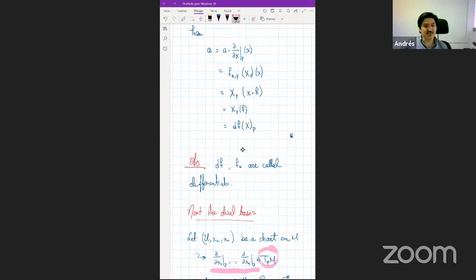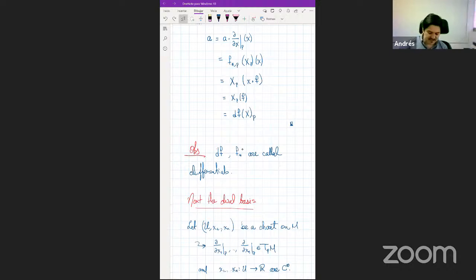If we take a different chart, we will get different vectors, and we even know what is the transition matrix between those two. But for the time being, we only care about a single chart. So that's a basis now.